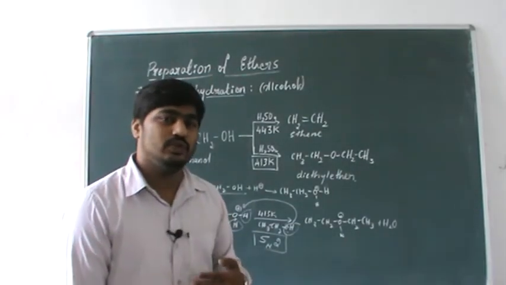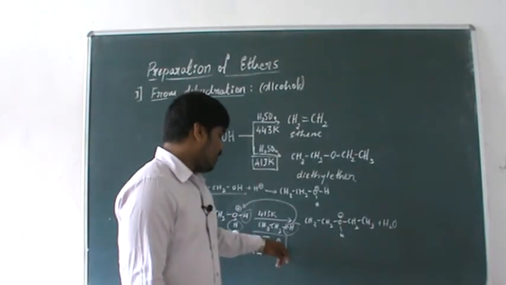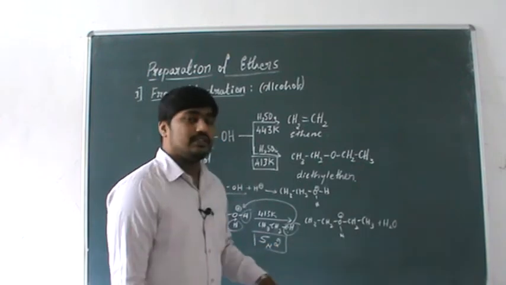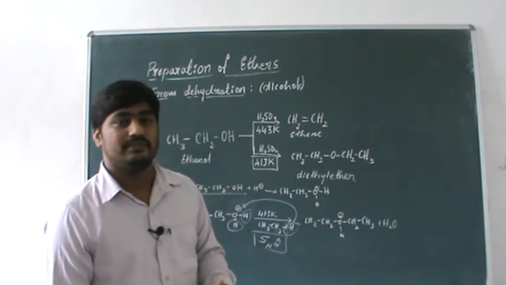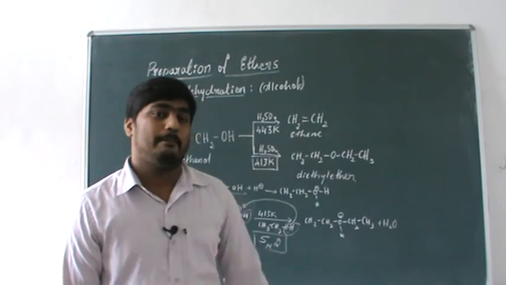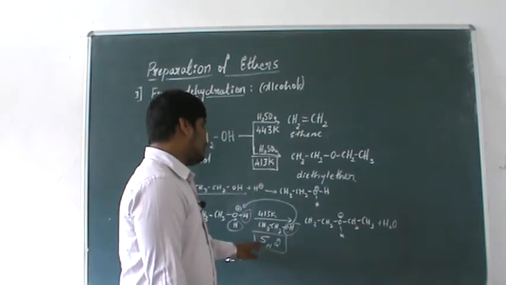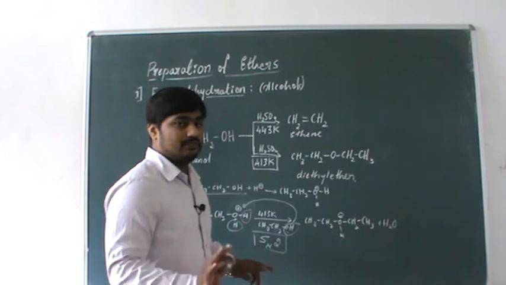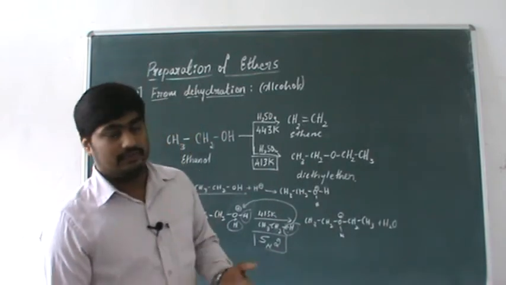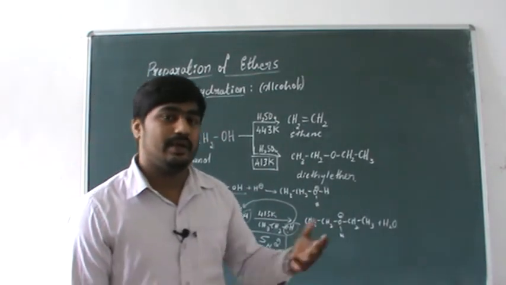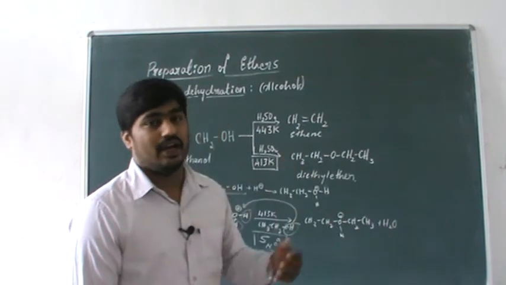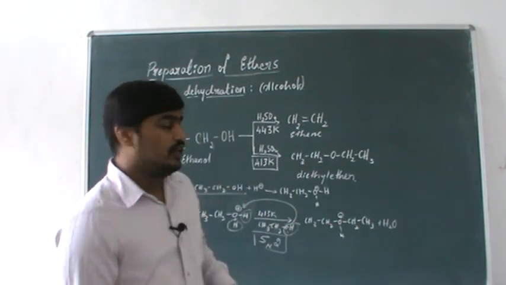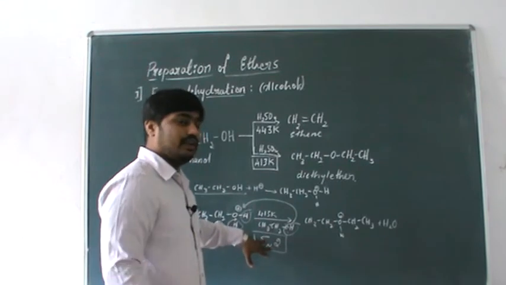What is SN2? Bimolecular nucleophilic substitution reaction takes place. Yes, it follows bimolecular nucleophilic substitution reaction, SN1 and SN2. The mechanism of both you have already studied in the first topic, under haloalkanes and haloarenes. You studied what is SN1 and what is SN2.